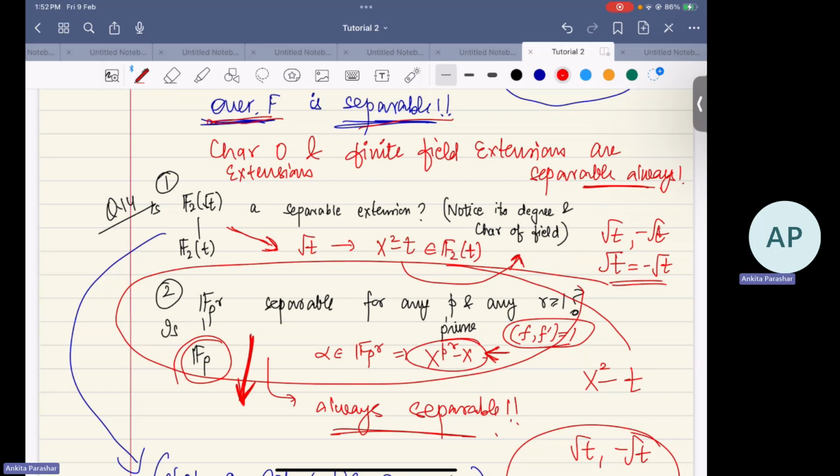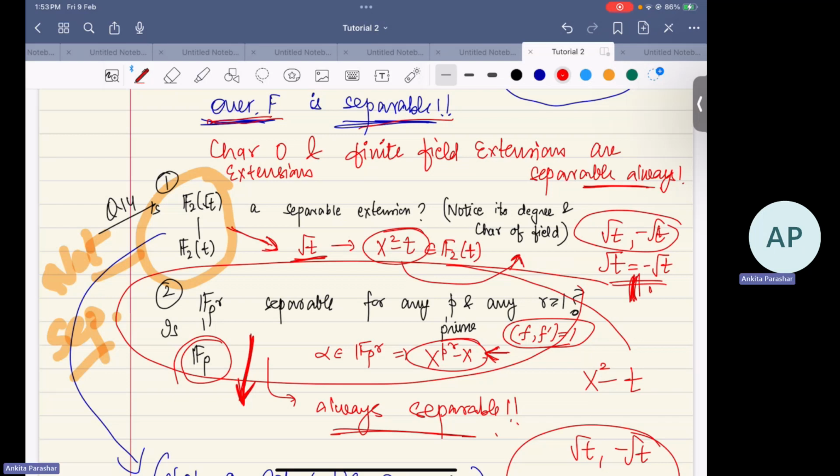However, this extension, I'm just trying to show you this, is not separable. Why? Because if you saw, this is an irreducible polynomial for this element, however its roots are not distinct. Both were the same.